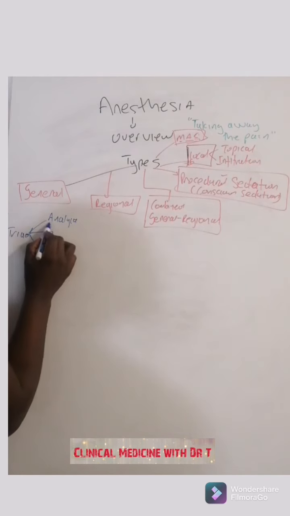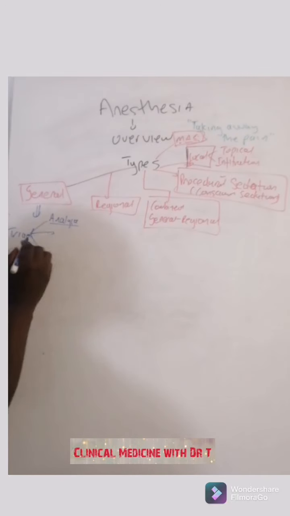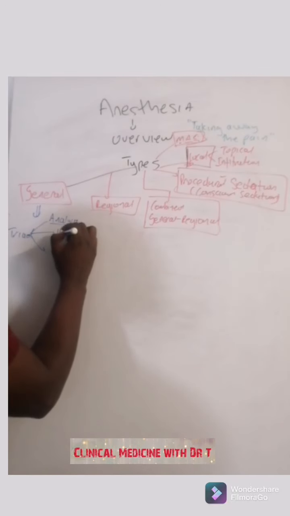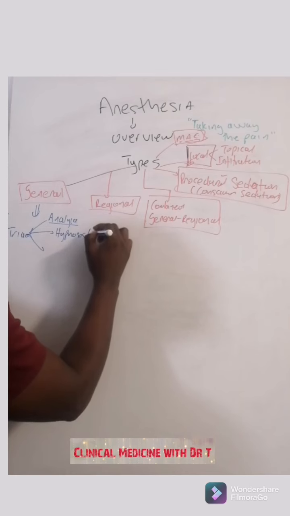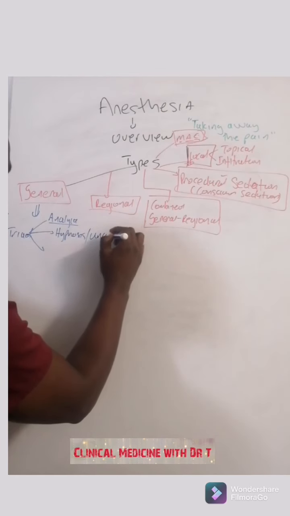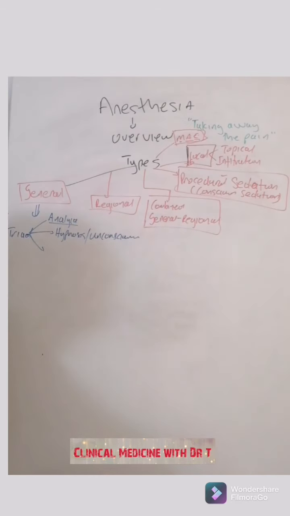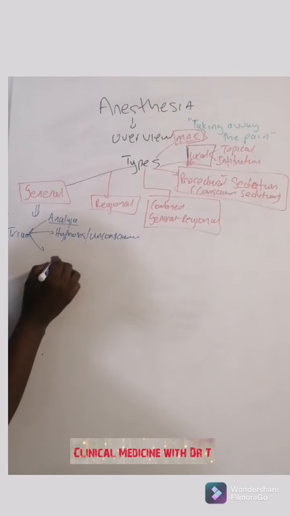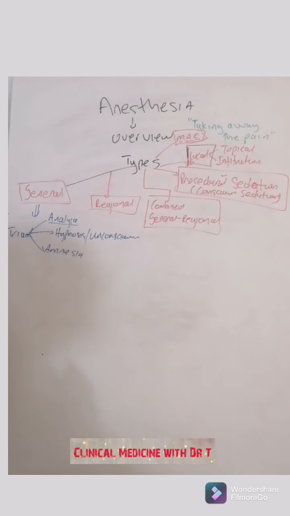These are the components of a general anesthesia. There's analgesia, there's hypnosis, or unconsciousness, and then there's amnesia. These are the components of a general anesthesia.